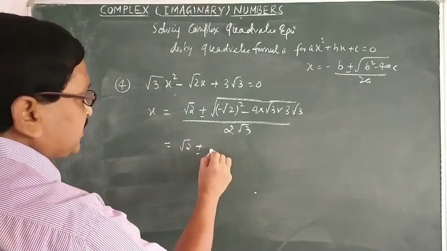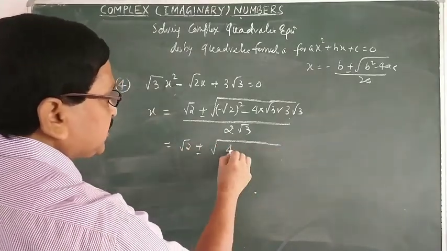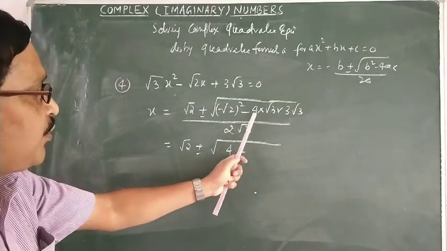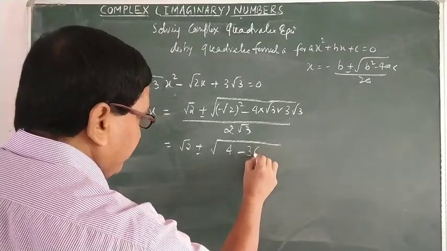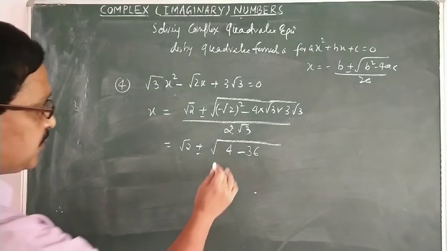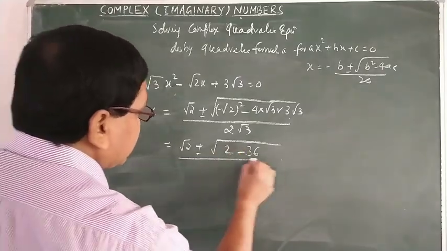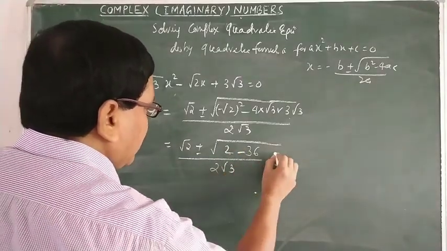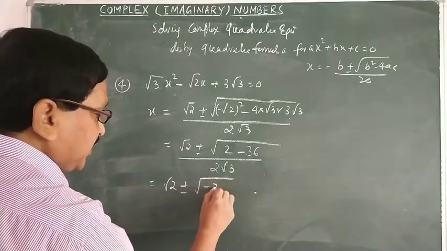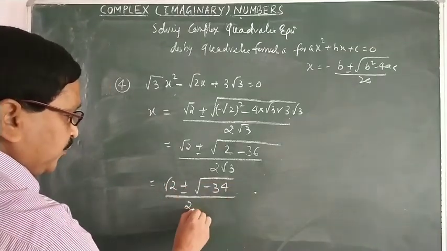Root 2 plus minus, this is 2 minus, 3 threes are 9, 9 fours are 36. So we are getting, this is 2 simply, students. This is 2 root 3. So this is root 2 plus minus root of minus 34, by 2 root 3.